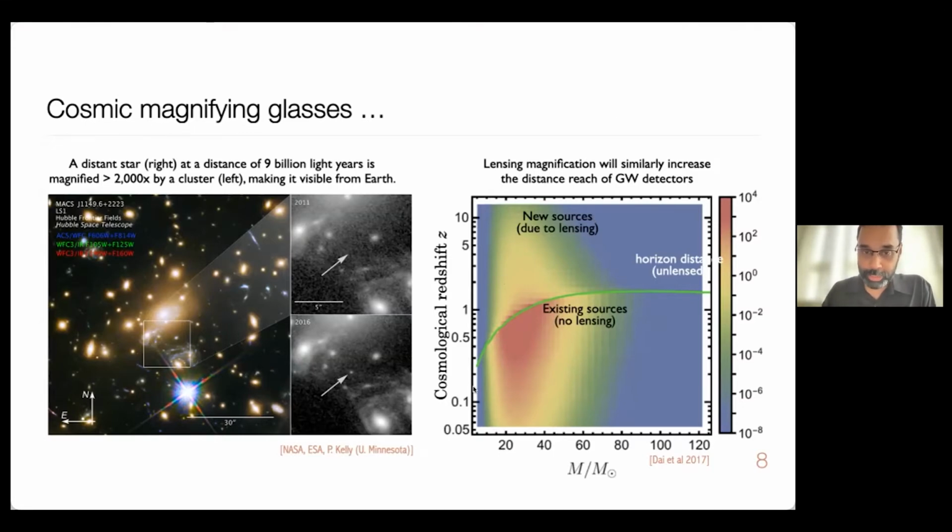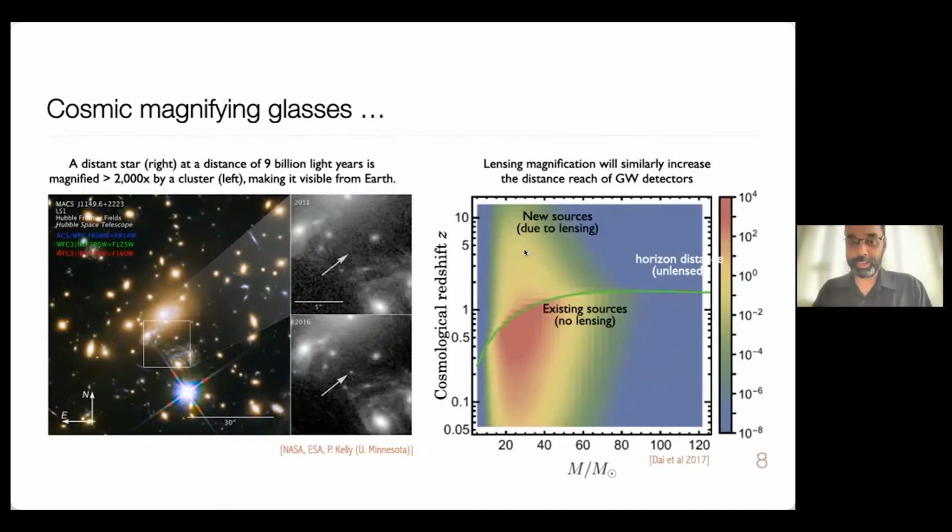And you can see that, for example, this green curve here shows the traditional horizon distance of a certain detector, in this case advanced LIGO, as a function of the total mass of the binary, and it can reach a cosmological redshift of the order of 2. However, due to lensing, it also is able to detect some additional sources which are at much larger distances.